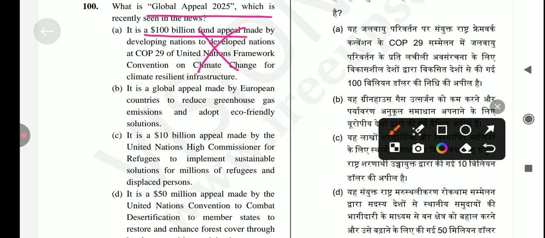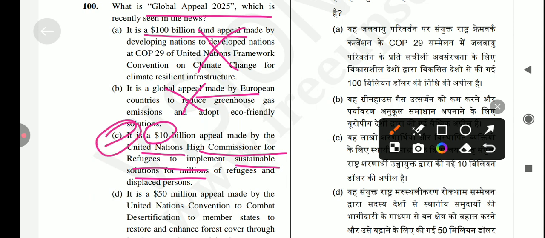Next is, it is a global appeal made by European countries to reduce greenhouse gas emissions and adopt eco-friendly solutions. No, it is a 10 billion appeal made by the United Nations High Commissioner for Refugees to implement sustainable solutions for millions of refugees and displaced persons. Yes, it's correct. So option C is the correct answer for this question.